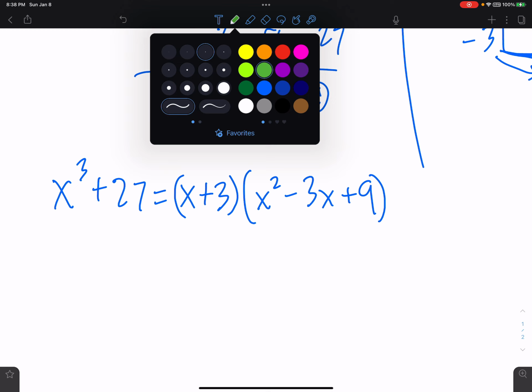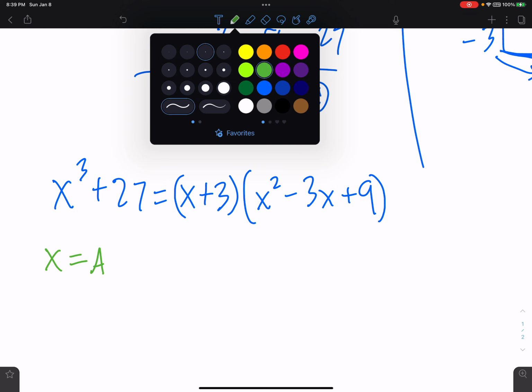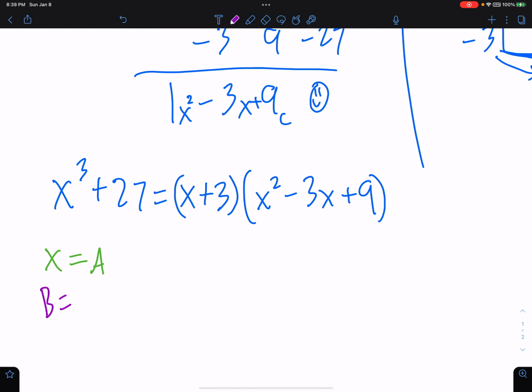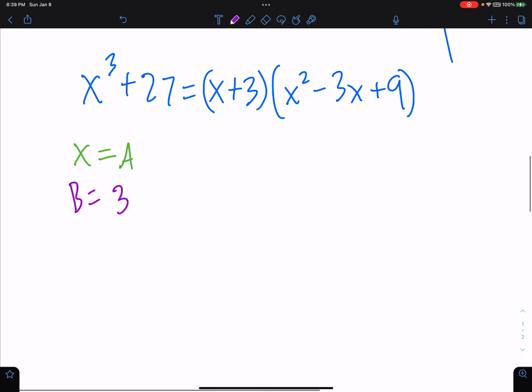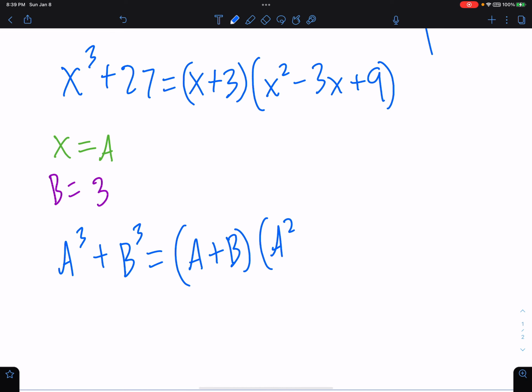So here, if we let x be a, and we let b equal 3, we get that a cubed plus b cubed equals a plus b times a squared minus b times a plus b squared.